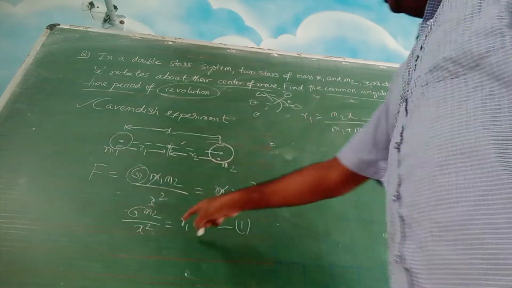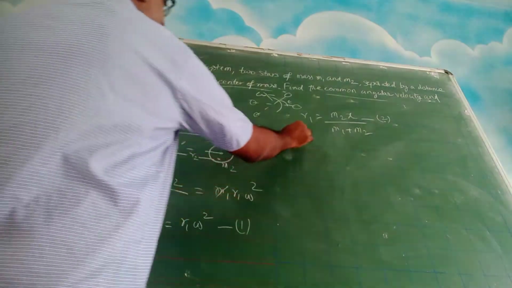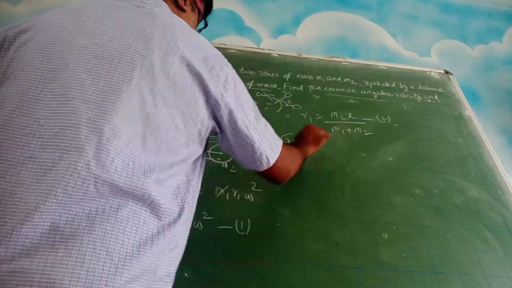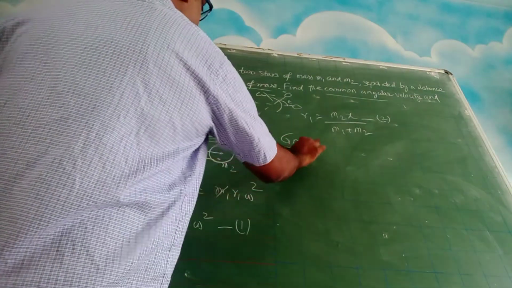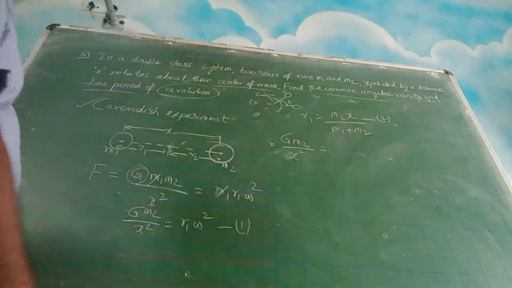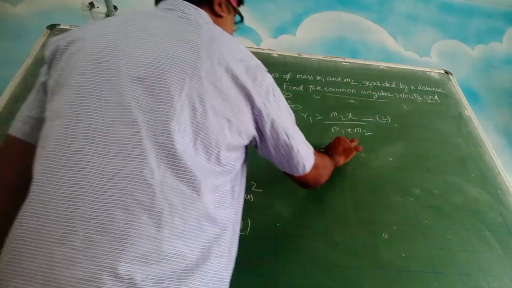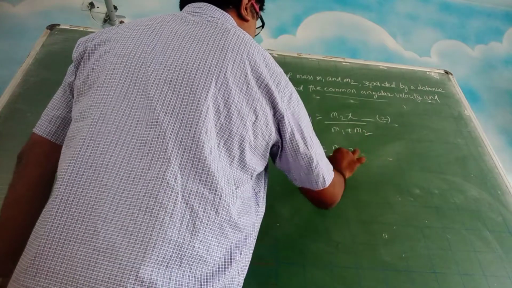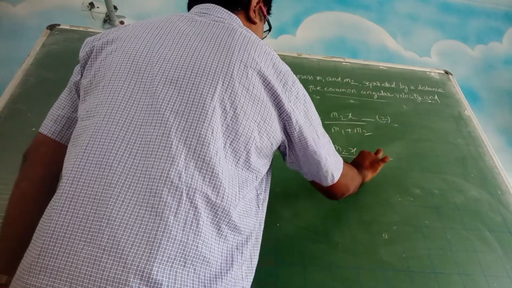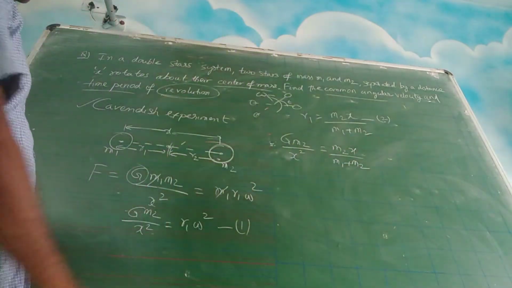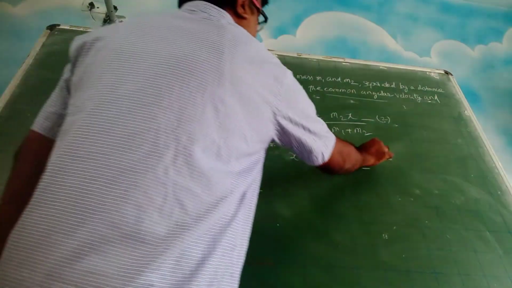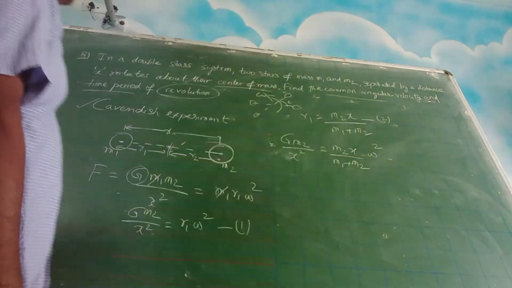Then you are going to get G m2 by x square is equal to r1 m2 x by m1 plus m2 omega square.